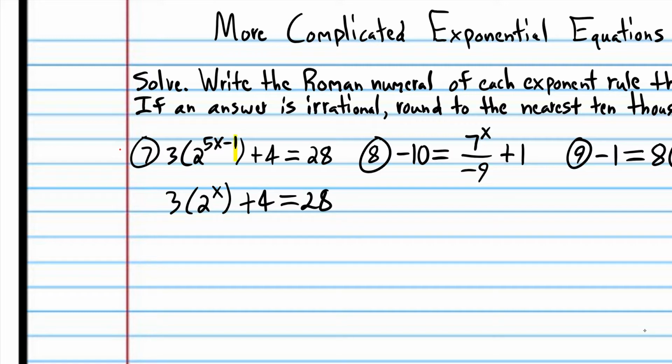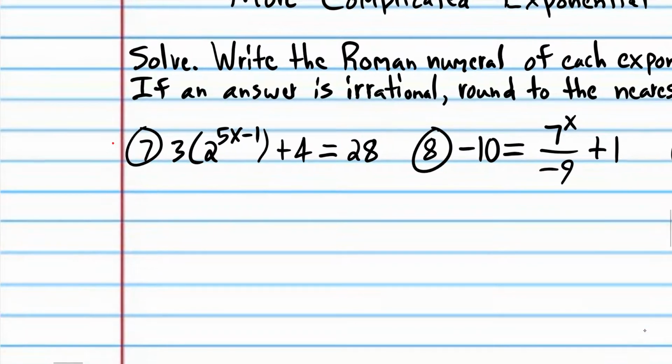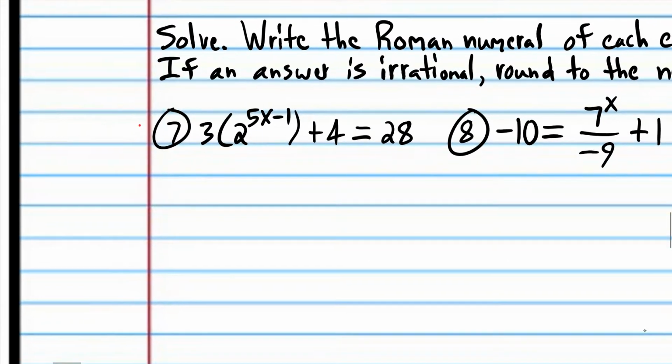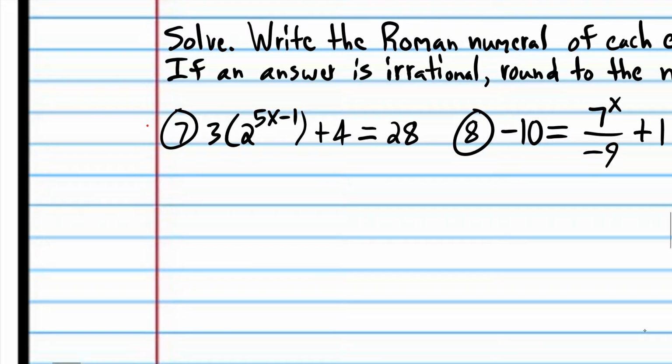So instead of saying something like this in yellow, we would see a simpler expression in blue. But now we're just going to have a slightly more complicated equation. It's not going to be much more difficult, but this will review exponential equations, and we're going to use logarithms also in the next problems.